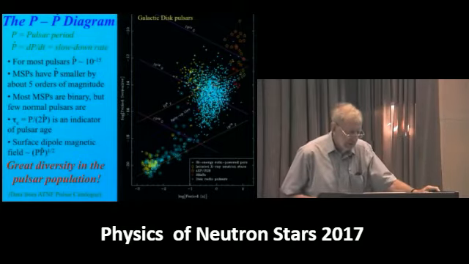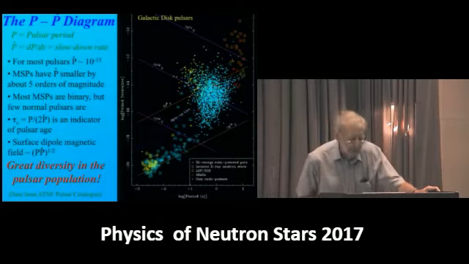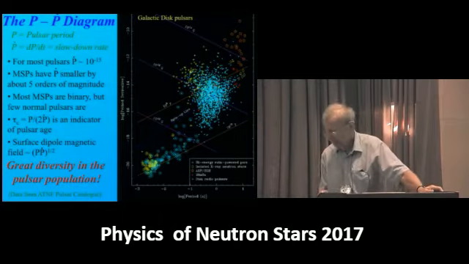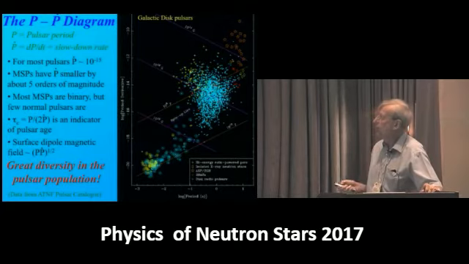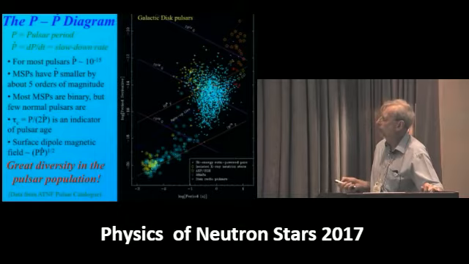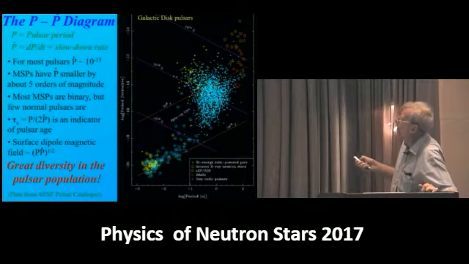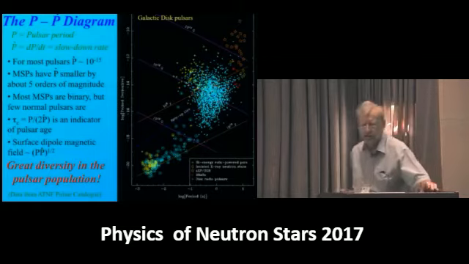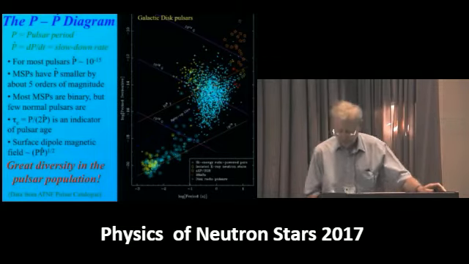And Sama Safihab will talk, on Thursday morning, about the diversity of neutron stars, of pulsars. So there are these two basic properties, the characteristic age and the surface dipole field, which there are lines on here which you can't really see, which are lines of constant field and age.